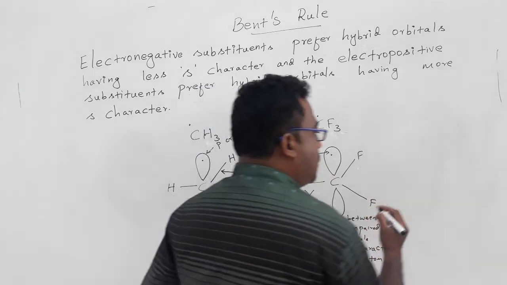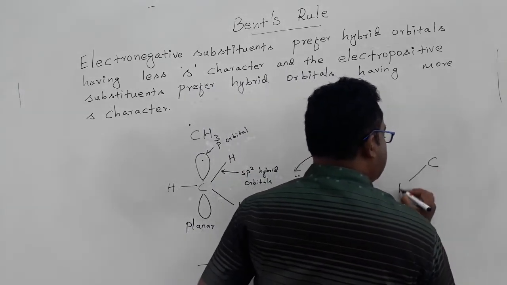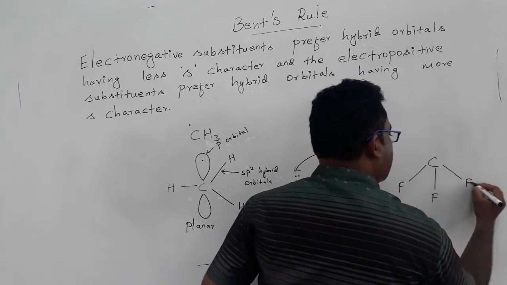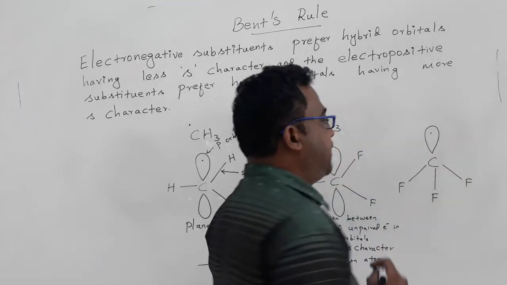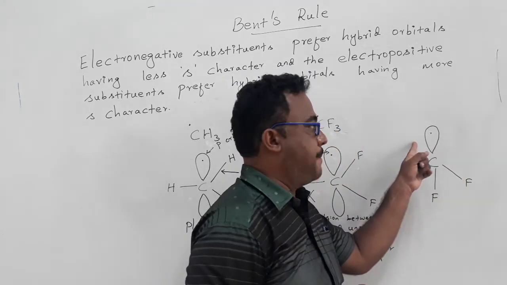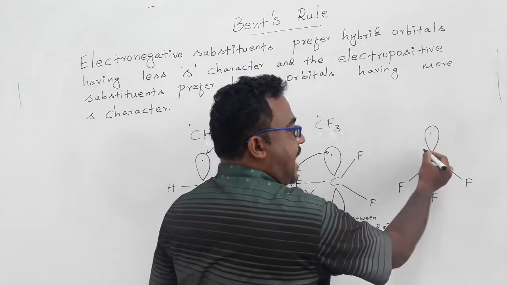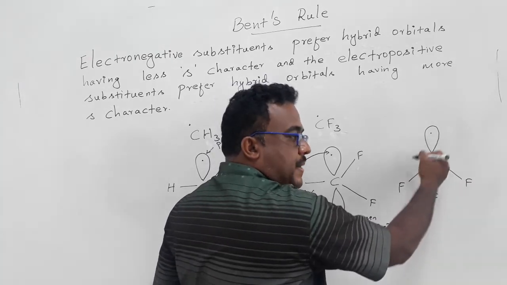When we come to pyramidal geometry, I mean if the sp3 hybrid orbital has an unpaired electron, then what happens? Repulsion, because now the angle is around 109 degrees. So the repulsion will be decreased.